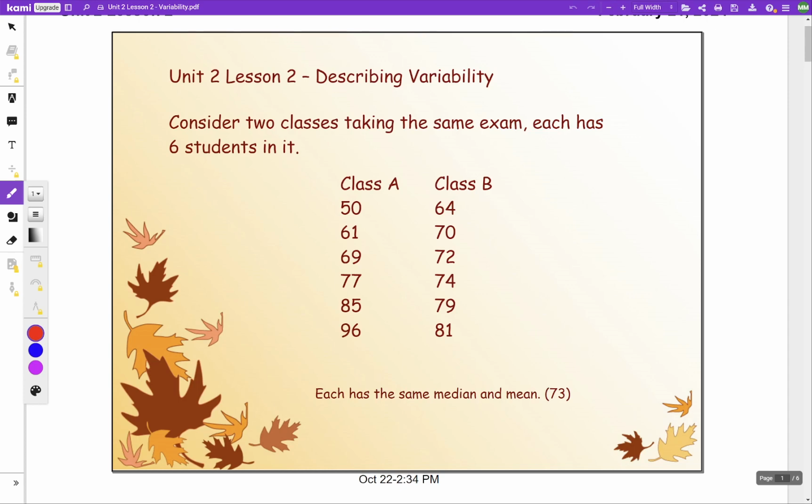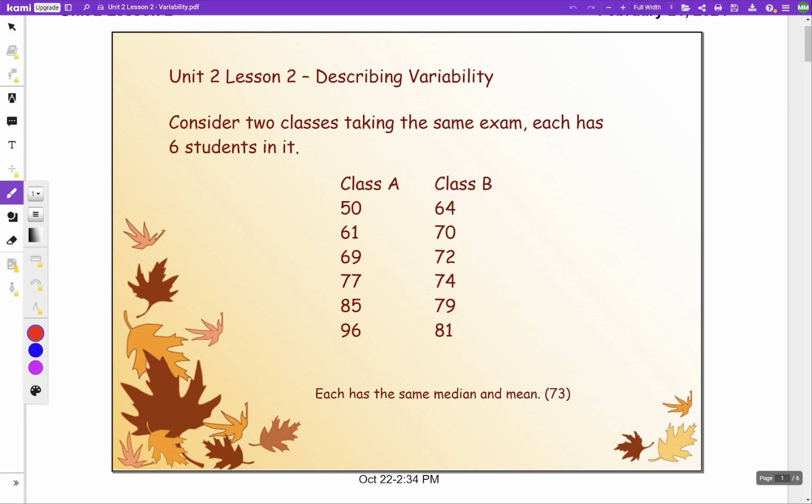So the range, we've used that already, right? For example, if I look at the classes here that are on this page, we have two classes taking the same exam, 6 students in each. So if we have class A and class B and they're taking this exam, one way that we can measure this data is with range.